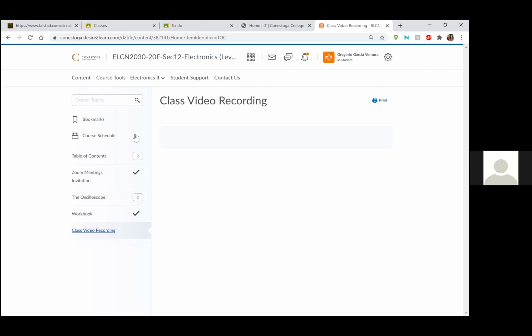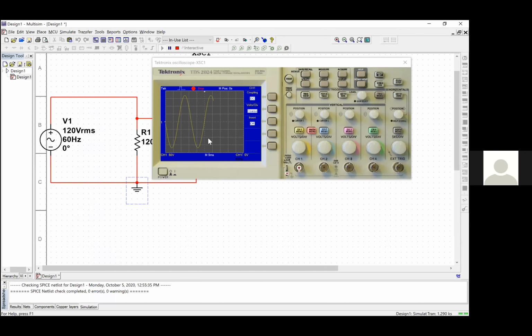So as I said, today we are going to be getting into the oscilloscope. In order to share with you some of the main ideas about the oscilloscope, I will use Multisim. We're not going to be using Multisim for doing our simulations.